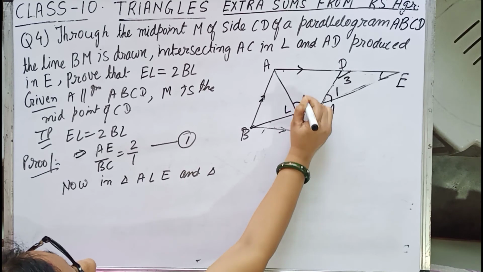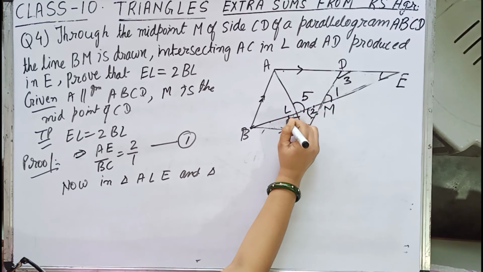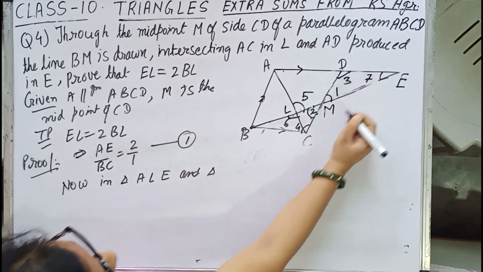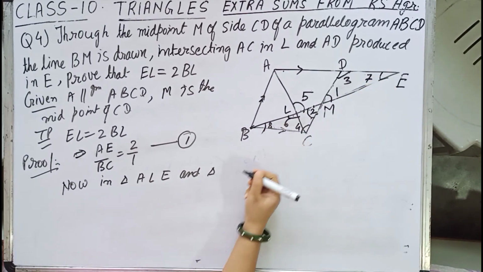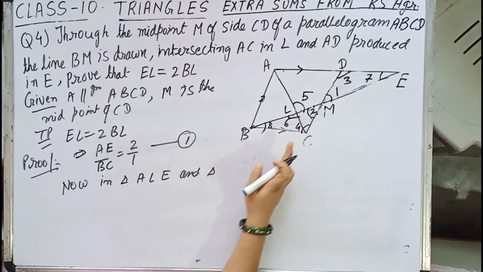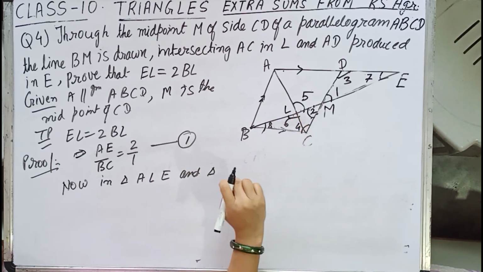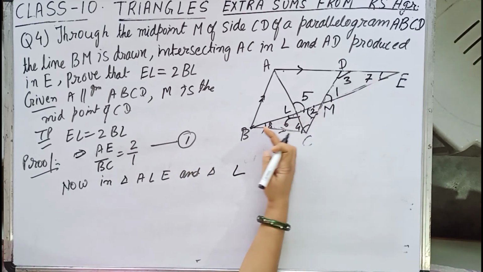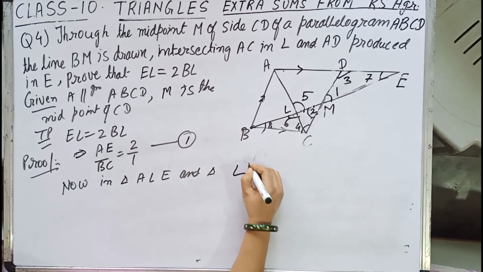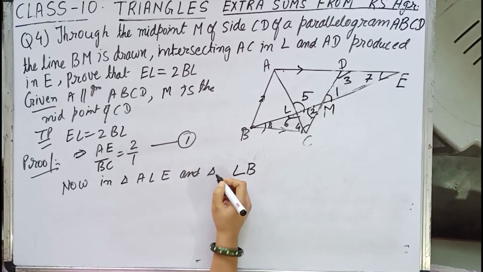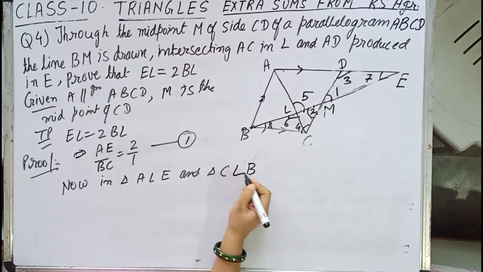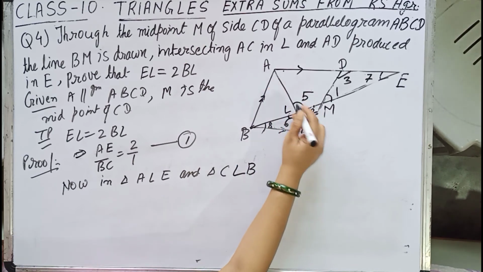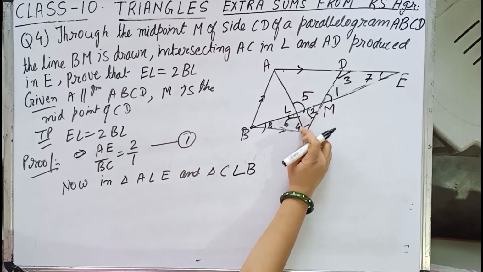Let us name this one as 5 and this one as 6, so angle 5 equals 6. This one name it 7 and this one name it 8. Wherever there is L, I'll name L for the second triangle, wherever there is E, I will name B, and the other name is C. So CLB. This whole angle is 4.